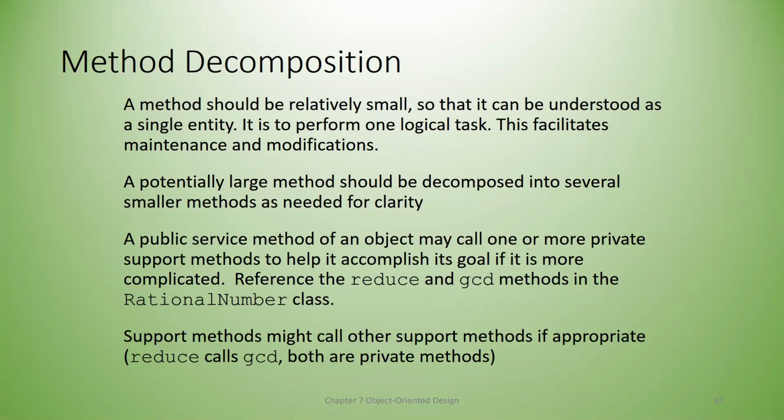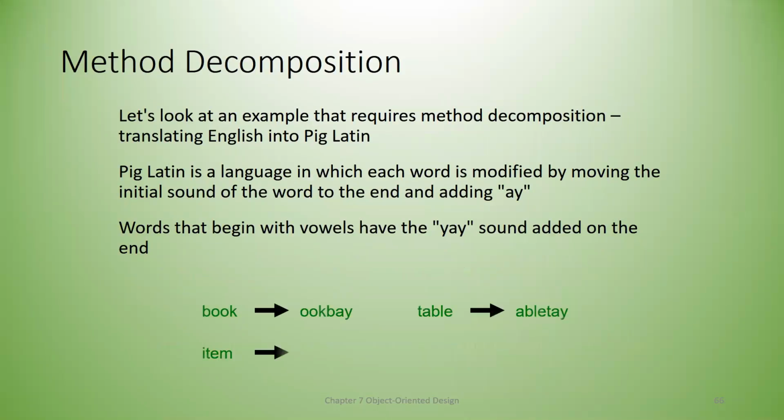Okay, method decomposition. I will let you read this, but it is saying that if you are to accomplish a big task, you use the divide and conquer mechanism. If a logical task is very big, you break it further. For example, you say I'm going to write a program. That is a big logical task.